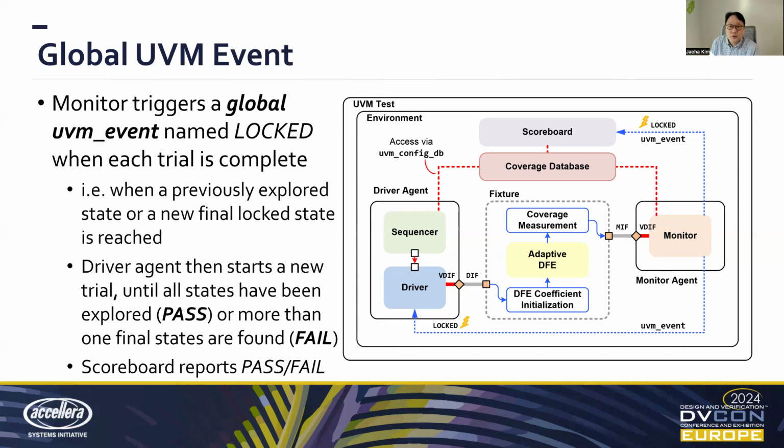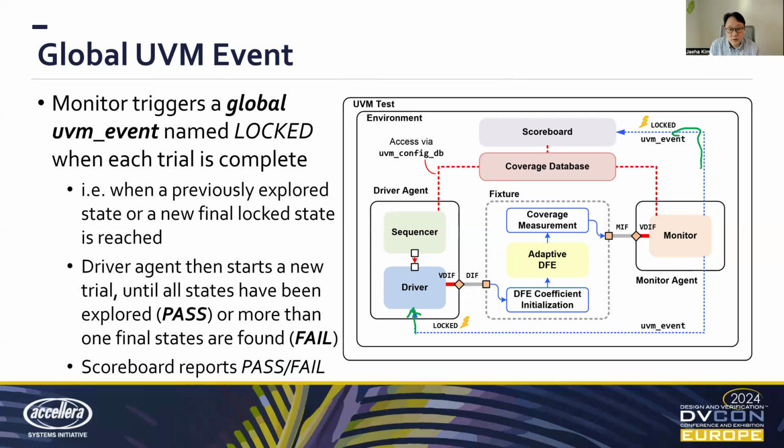So you need a way to stop the trial in the middle and signal the driver that you can now start a new trial. Or maybe you also need to say that all the trials have been completed, and now we can reach the conclusion and stop the simulation. So all that says is that we need a way for the monitor to tell the driver that it's now time to start a new trial, or tell the scoreboard to conclude the simulation.